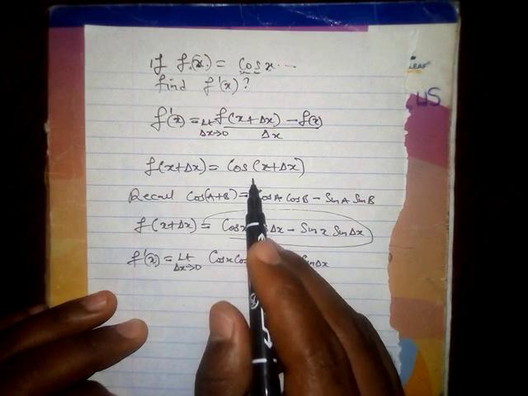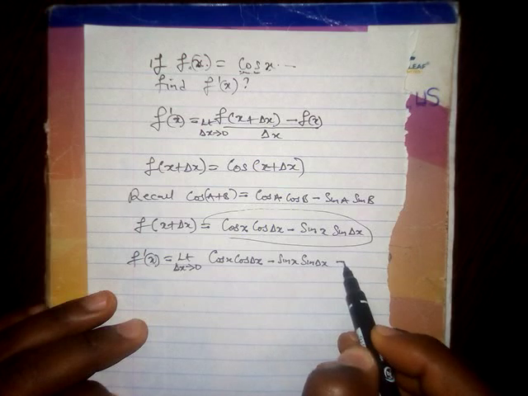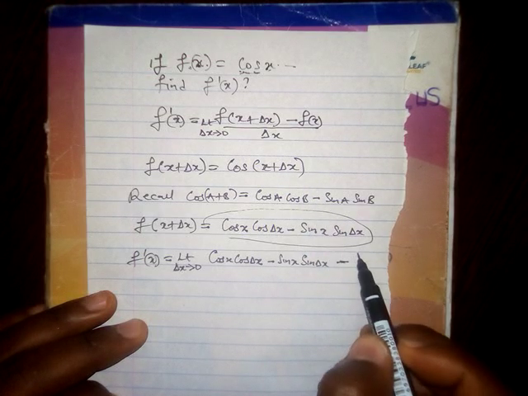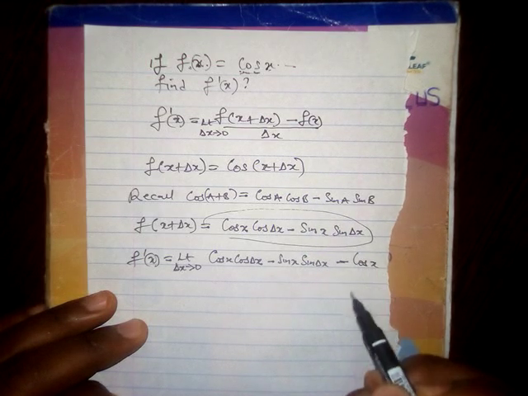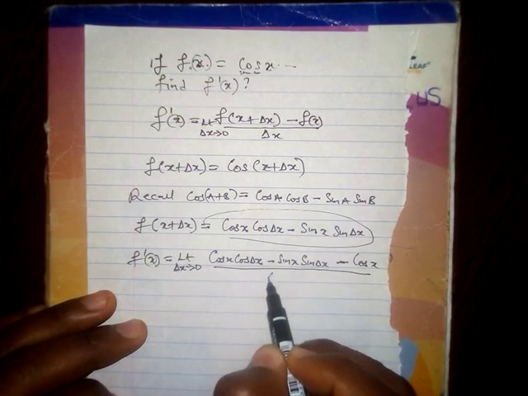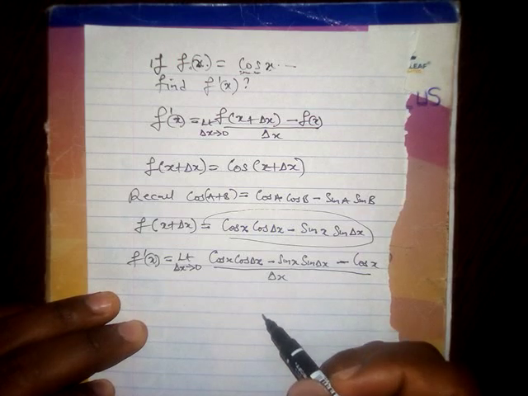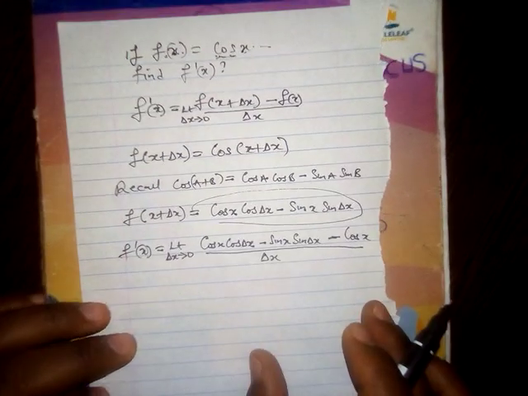Now this is for f of x plus change in x. Now minus, what is our f of x? Cos x, all over change in x.